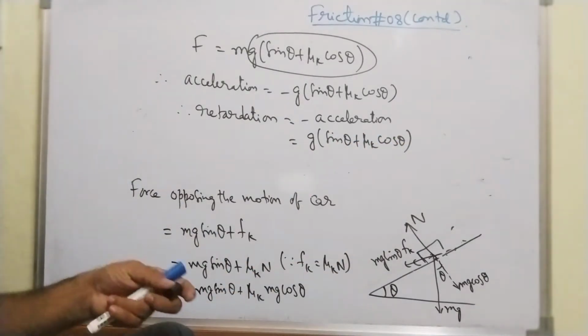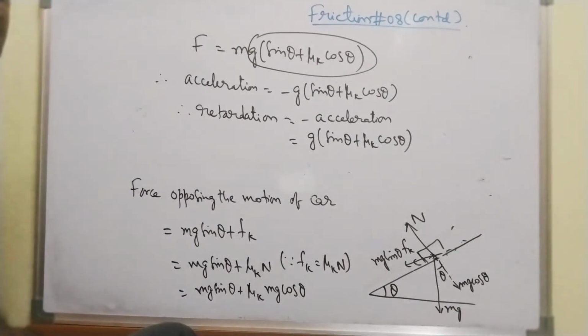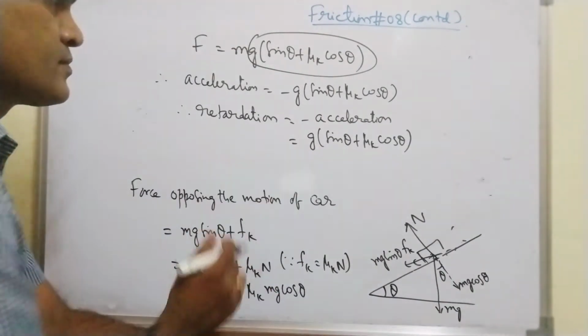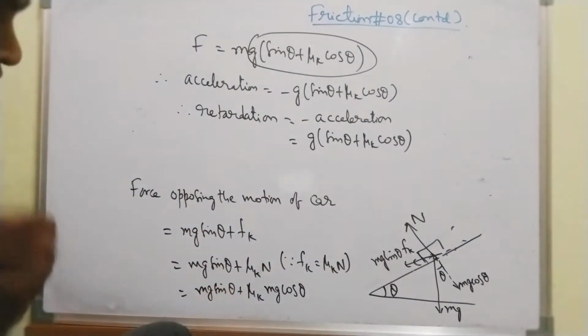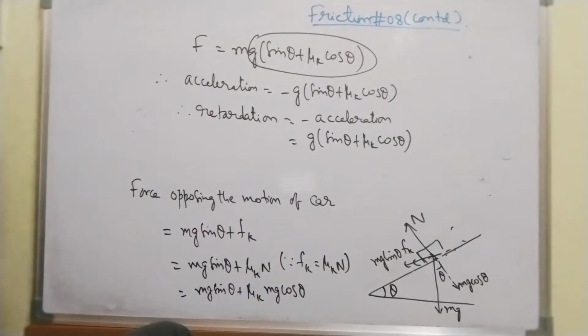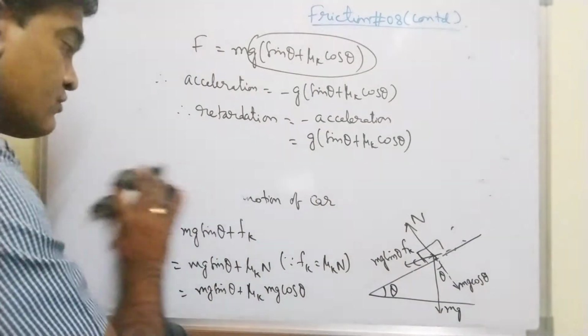Now let me take the g value as 10 meter per second square for my convenience. Retardation, let me find out. Final velocity v is equal to 0. This is the value of retardation. But what I want is the distance traveled.